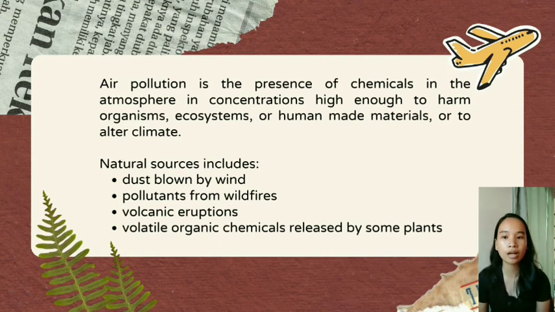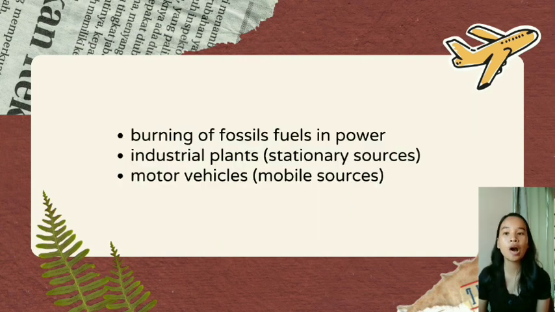The air pollutants from natural sources include dust blown by wind, pollutants from wildfires, volcanic eruptions, and volatile organic chemicals released by some plants. And human sources of outdoor air pollutants occur in industrialized and urban areas where people, cars, and factories are concentrated.